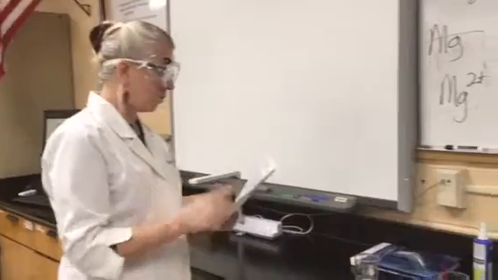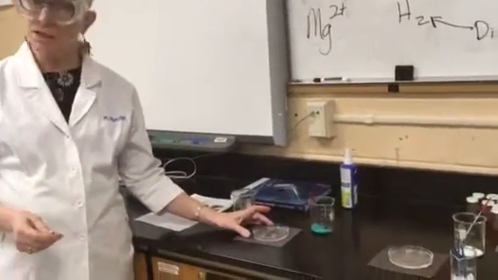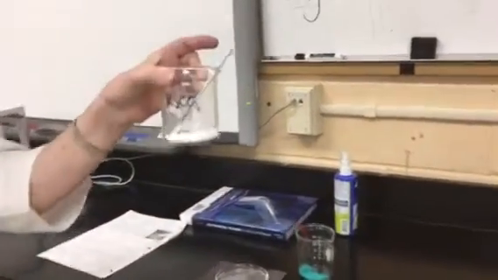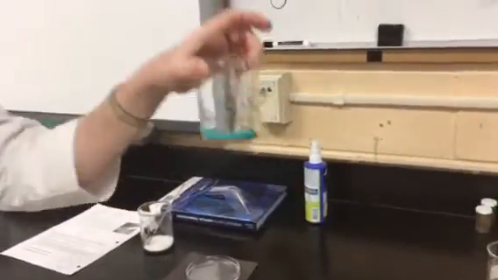Okay, so now that you've written your hypotheses, we're going to do the first part of the experiment. I've got a petri dish with some water in it, and I have some potassium carbonate and some copper chloride.